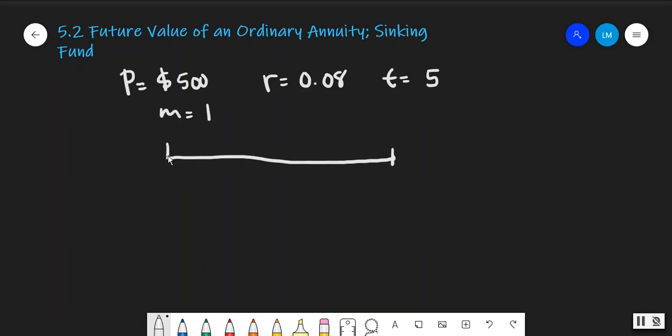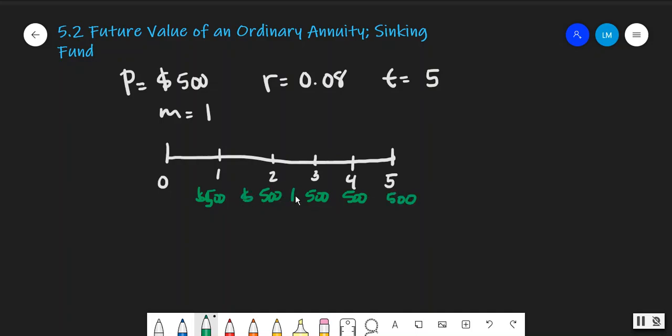The easiest way to think about this is in regard to the cash layout. So, for example, you have 0, you have 5. We have 1 year, 2 years, 3 years, and then 4 years. For every single year, there's going to be an amount of $500, $500, $500, and $500.